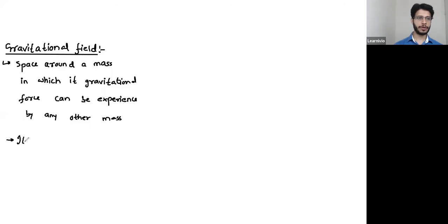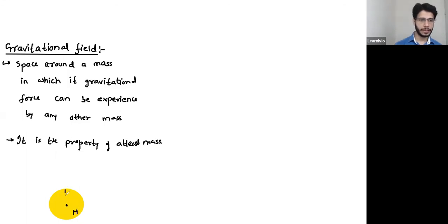It is the property of at least one mass. So to calculate gravitational field, you need at least one mass. So if I take a capital mass M here, the radius of this capital R is this.